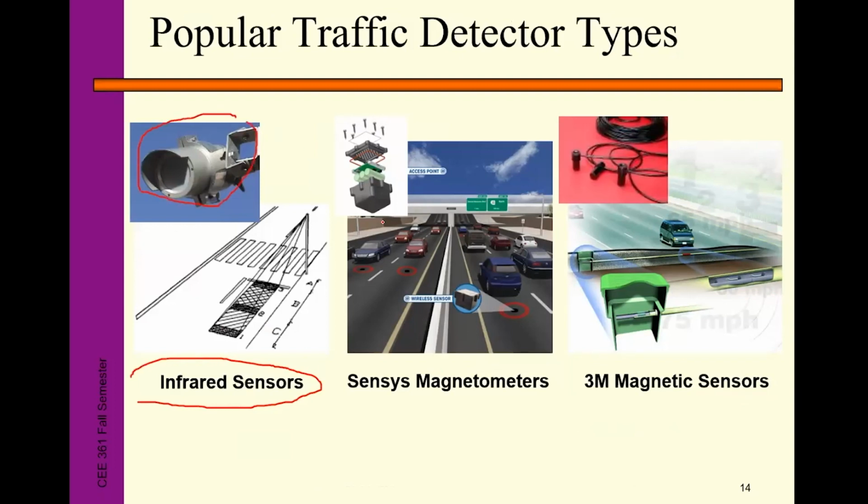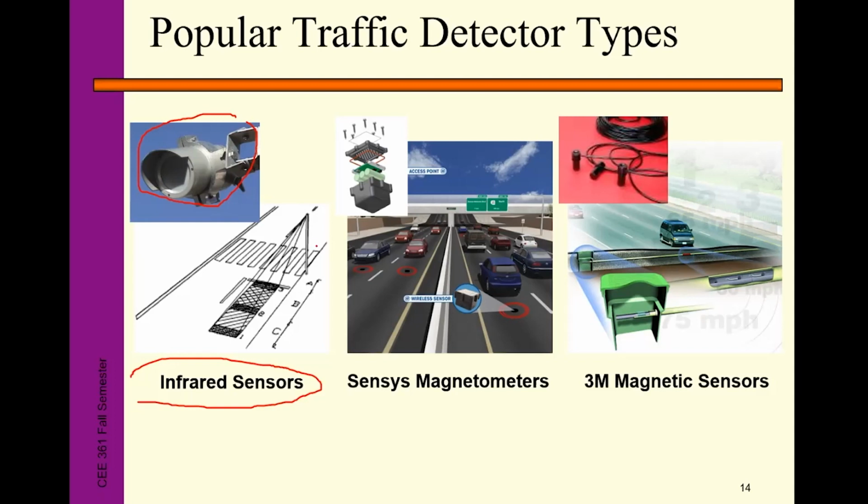The infrared sensor detects objects based on temperature difference, so it's not based on the lighting condition. As long as there is a temperature difference between two objects, the infrared sensor can distinguish them.